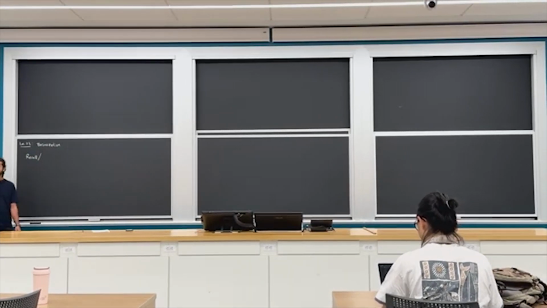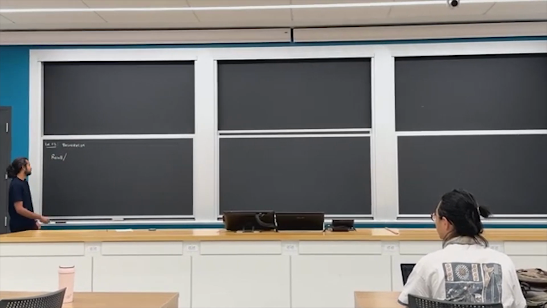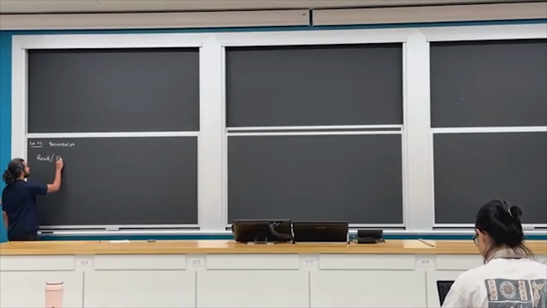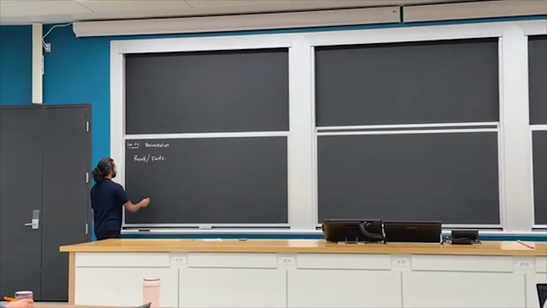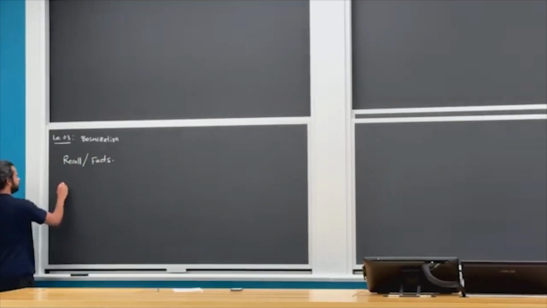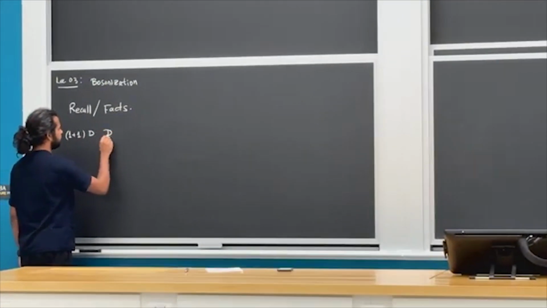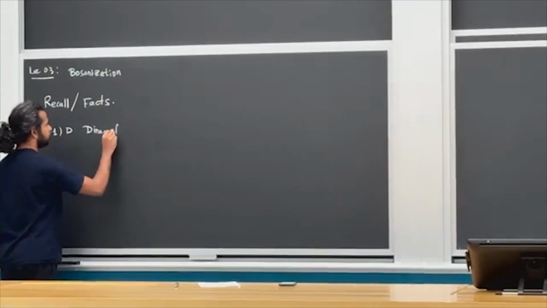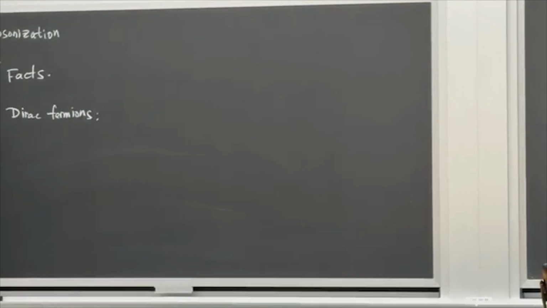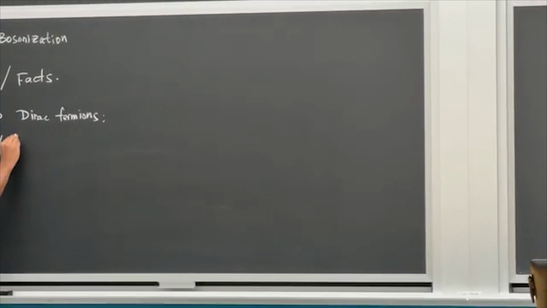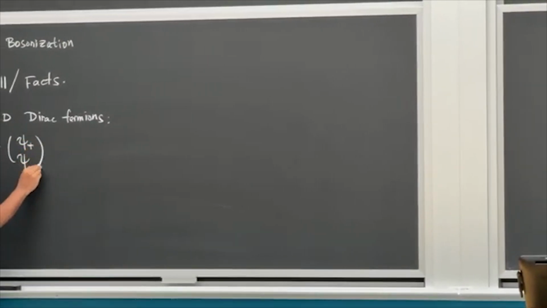If you have not been here for the past 2 lectures, then these are facts that I'm going to throw at you. So in the first lecture, we studied 1 plus 1 dimensional Dirac fermions, which we decomposed into psi plus and psi minus.